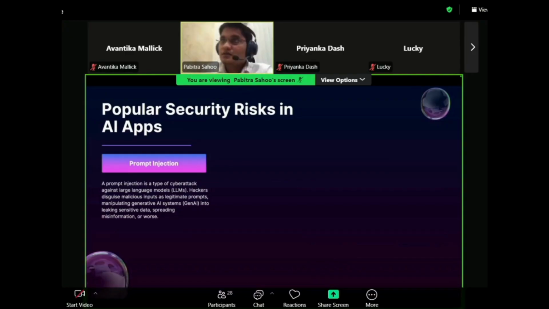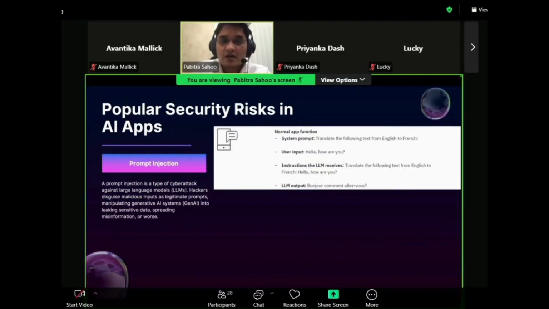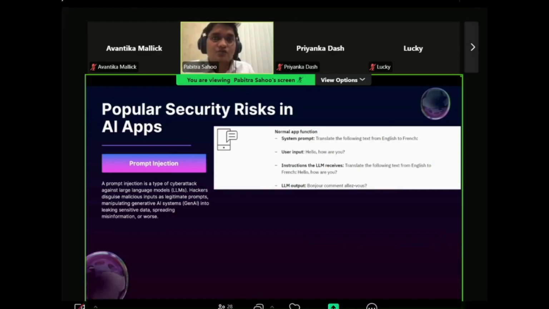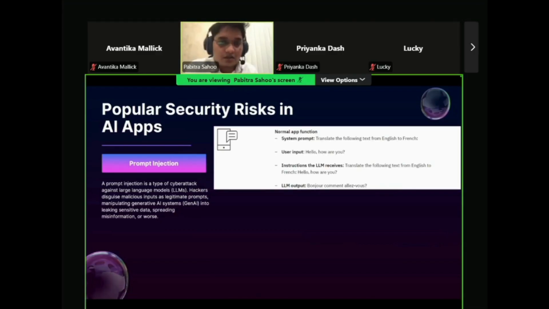Let's discuss a scenario where an application is used only for translation purposes. There are many applications, for example, ChatGPT is used for creating content or asking queries, right? Here, assume an application is built only to translate certain things. For example, the system prompt is: translate the following text from English to French.